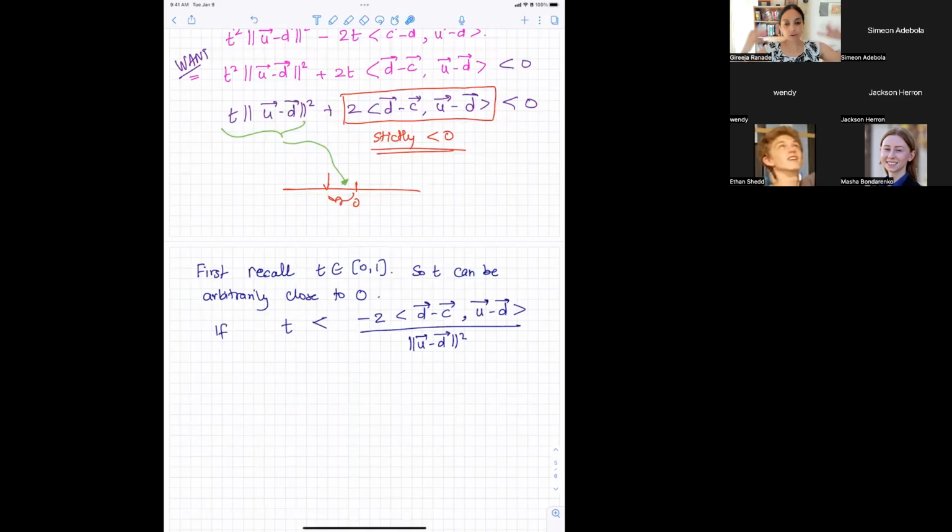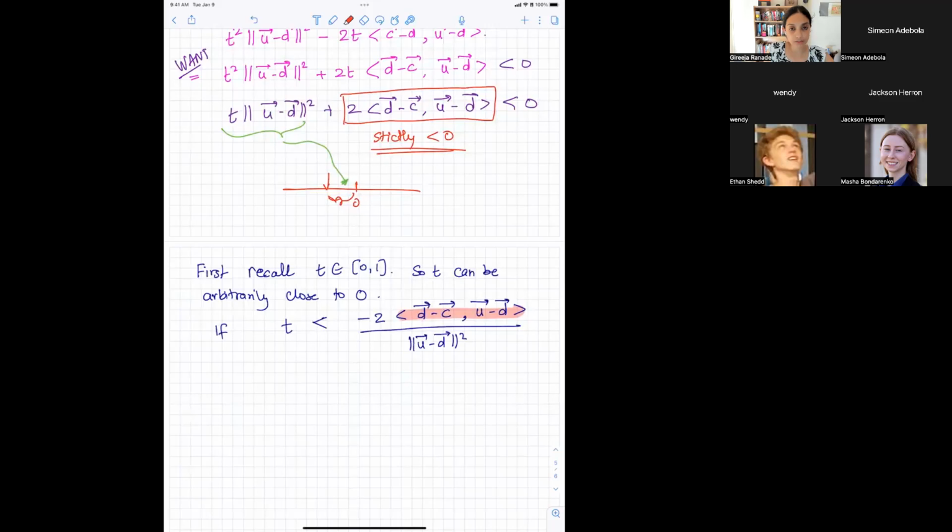Okay, everyone focus here for a minute. Tell me if you're understanding this or not, because if you don't tell me, then I won't know. So good. So you choose a t such that this is true. Now remember that we know that this numerator term here is positive because this inner product is negative and we have a minus sign. The denominator is also positive.